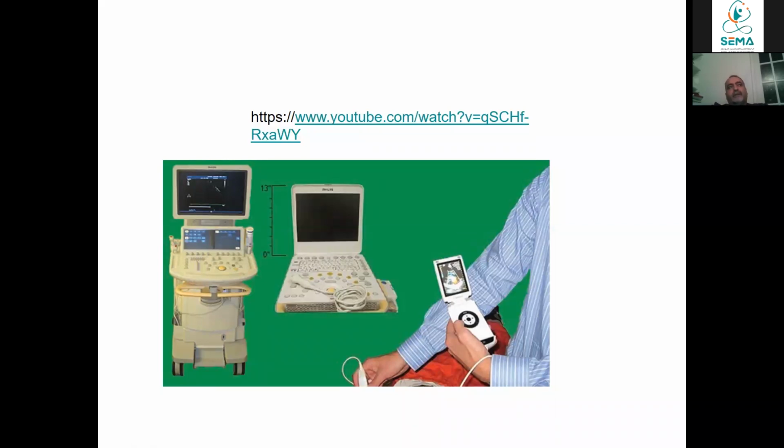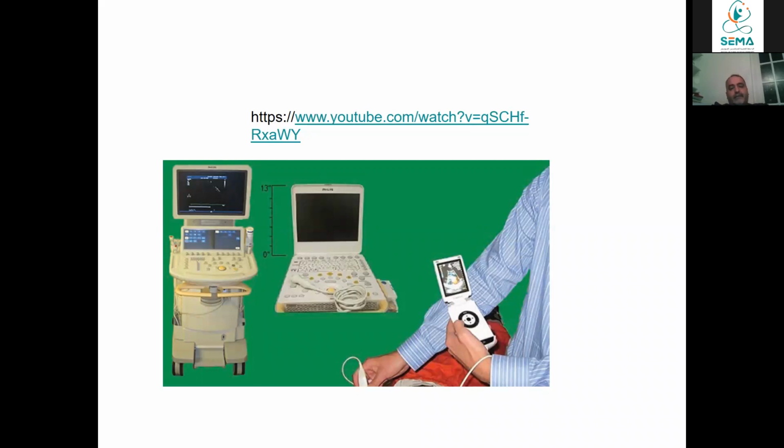So it is not a big difference between machine and machine. As you know, there are many machines in the market. There is GE, which is the most famous, and there are a lot of generations from GE. There is Philips, Toshiba. All of them have the same principles, but you have to know that the machine consists of probes, different probes.